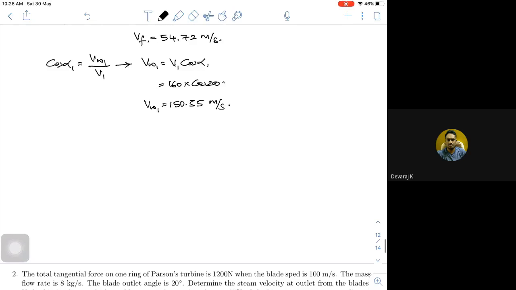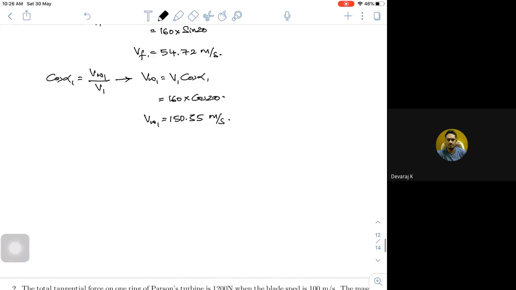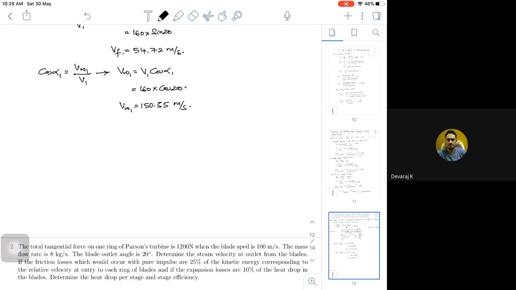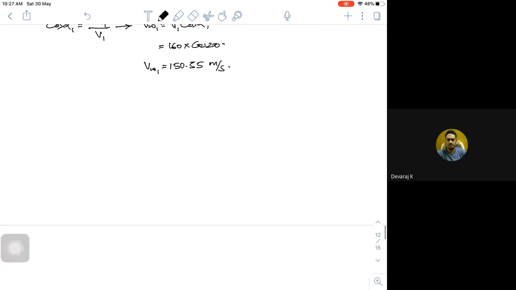So what is my x actually? x is equal to Vw1 minus u. So your Vw1 is 150.35 and u is 110. So this is around 40.35 meters per second.